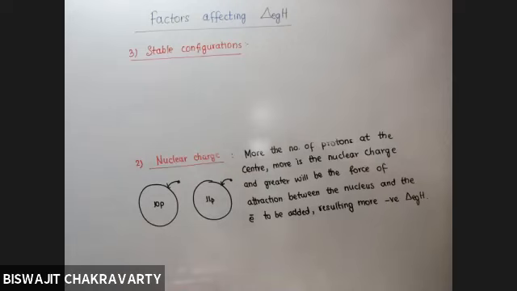In the previous class also, we had discussed that when a stable system was asked to give away their electron, they were not very eager, and exceptionally high amount of energy was required to remove the electron from such configurations. So neither they are interested in giving away the electron, nor they are interested in accepting the electron. And that is the characteristic of stable configuration, because they are already stable.